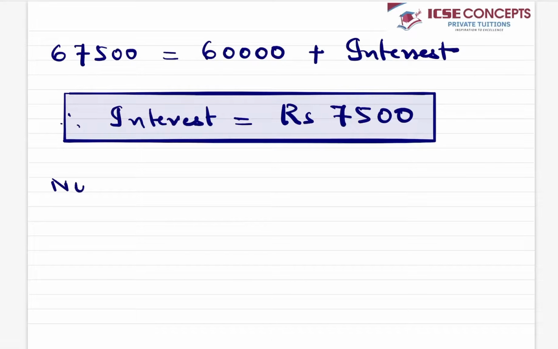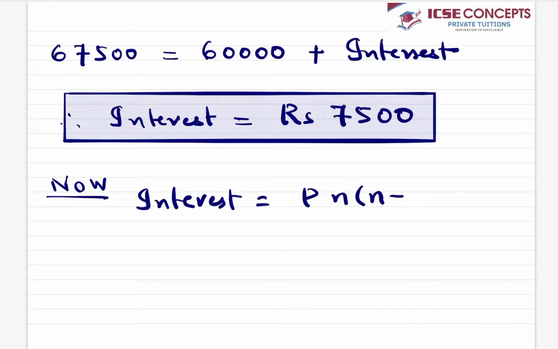So now we use the interest formula. The formula for interest is P into N into N plus 1 upon 2 into 12 into R upon 100.